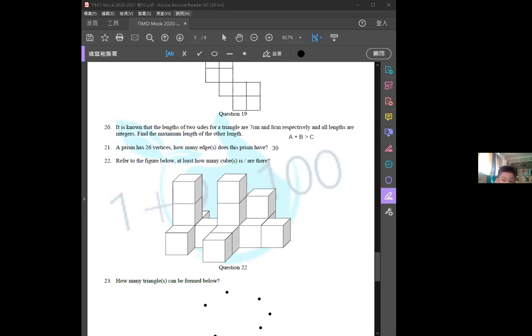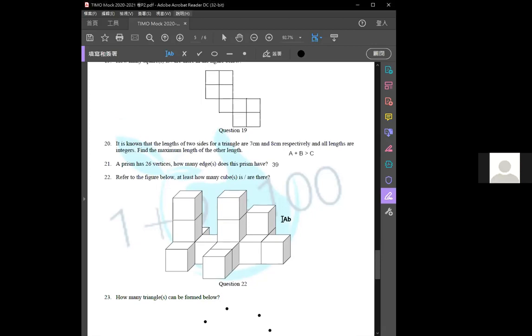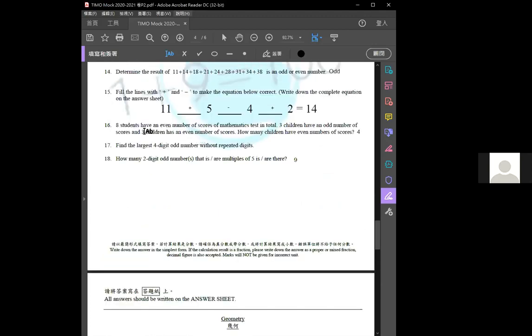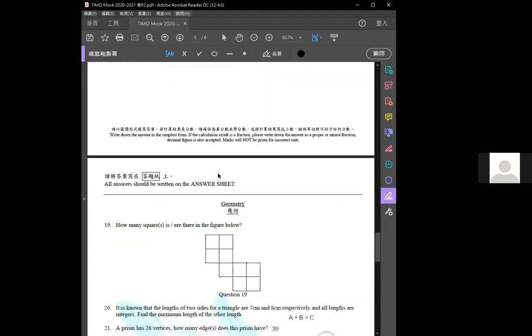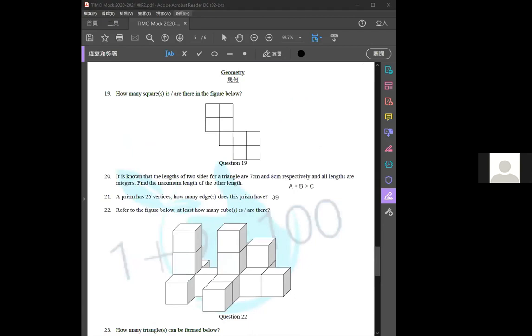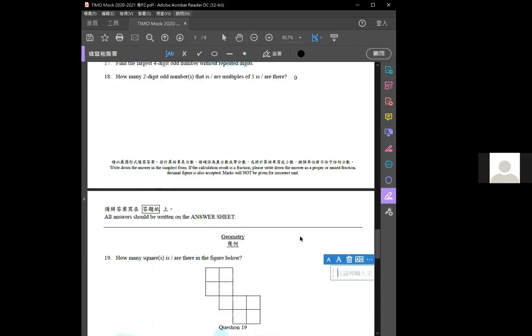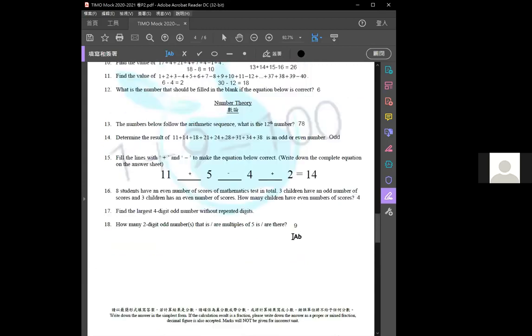Ano pong number na tayo? You don't get 16. This one? Or which one? 15. Question 15. Question 15 or 16? 16, 1 6.